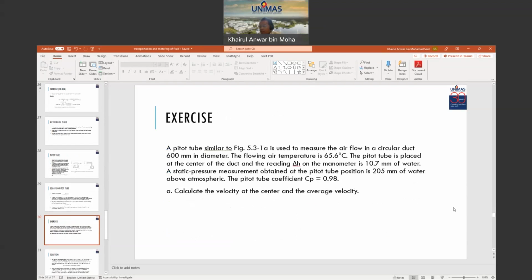Exercise. A pitot tube similar to figure 5.3-1A is used to measure the airflow in a circular duct 600 millimeters in diameter.